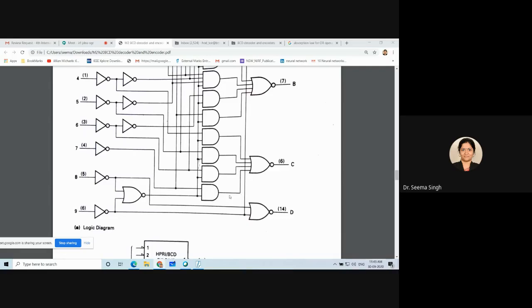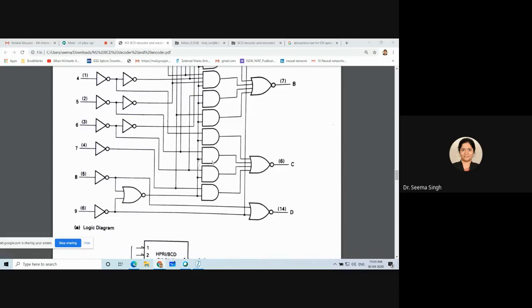You can write these equations and you can check whether things are happening the way it is written in the equation or not. So you can see the four terms were there, and in all the four terms D8 bar plus D9 bar was there. So that is why you can see that this D8 bar and D9 bar is getting connected in all the four AND gates. And apart from this, what was coming in those AND gates?